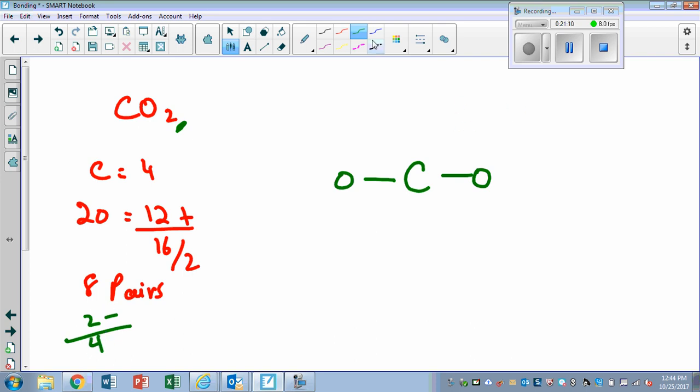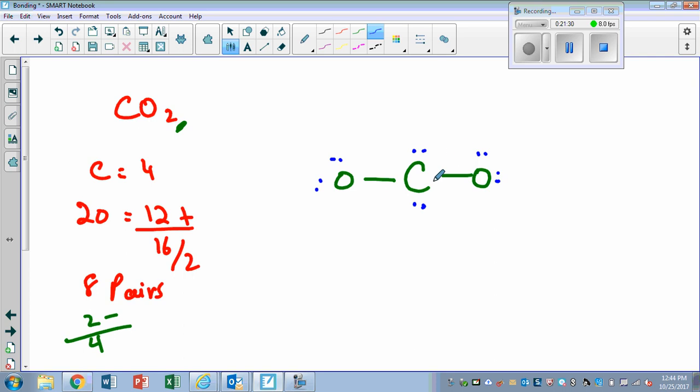So I want to make sure my central atom has 8 before I do anything else. So I'm going to give 1 and 2 pairs to my carbon to make sure carbon's octet is complete. I used 4 pairs out of 8, and I have 4 more pairs to go. So I will be nice, and I give evenly to both oxygens.